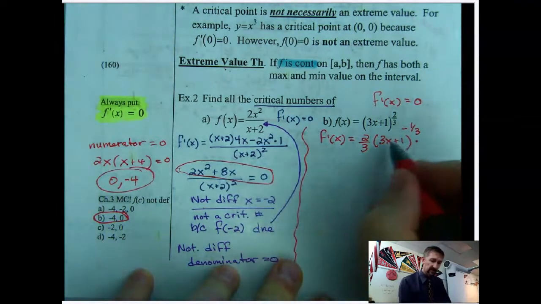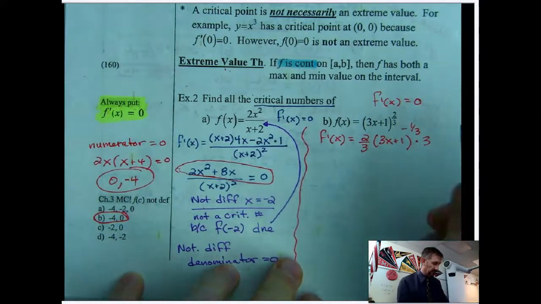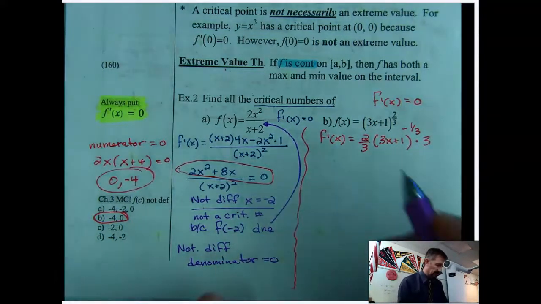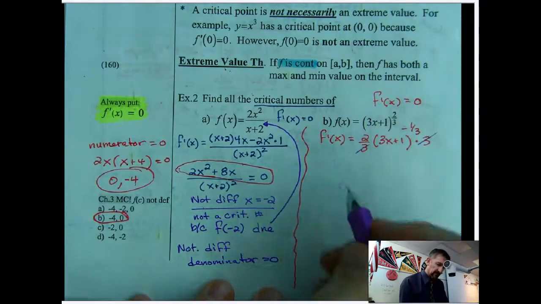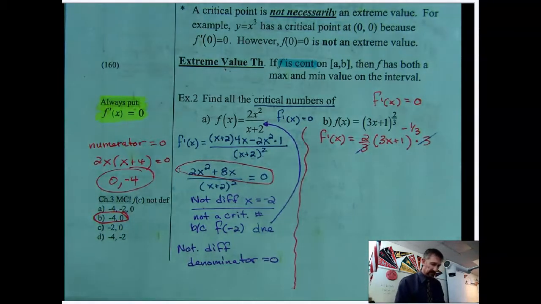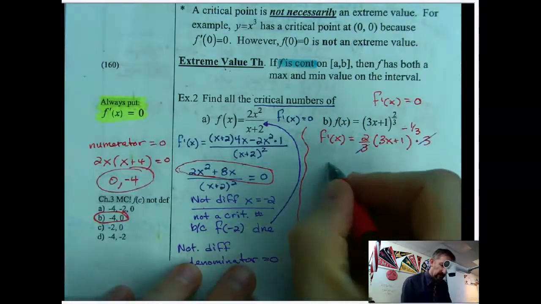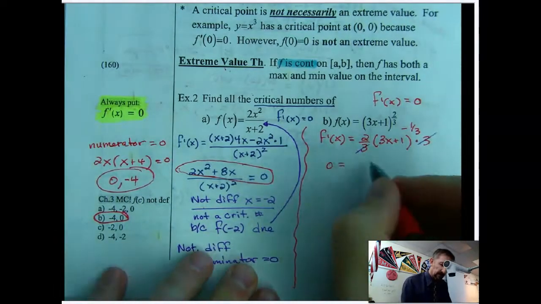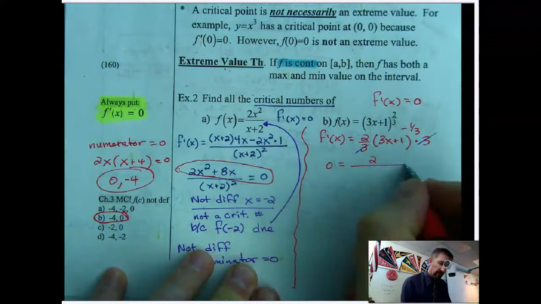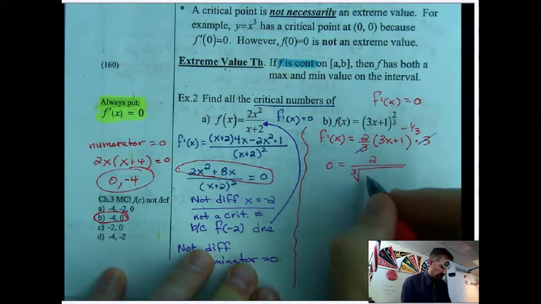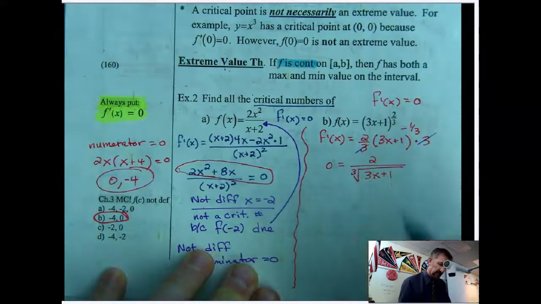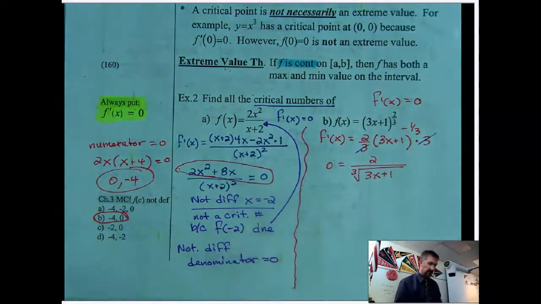So the derivative of the inside is 3. Alright, so that's going to cancel, and we're going to set this equal to 0, and that's going to be 2 over the cube root of 3x plus 1.